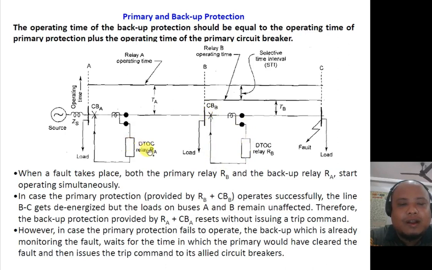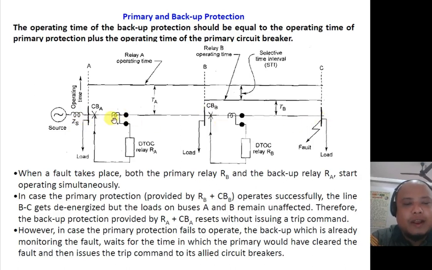Similarly, relay RA is getting the current and voltage from its CTPT, which is not shown here, and giving the trip signal to circuit breaker A. There is load on bus A, bus B, and also bus C, so loads are connected at all three buses. The source is only one, so obviously current will flow from A to B to C.